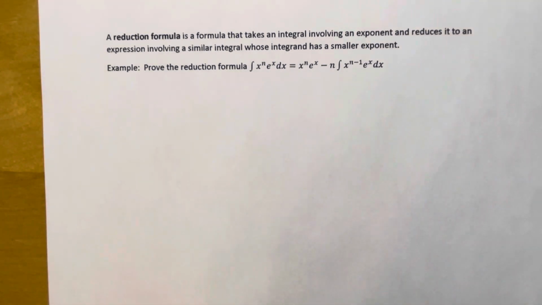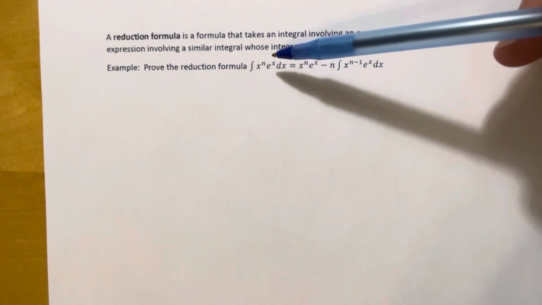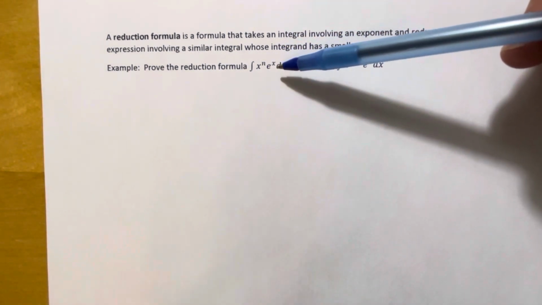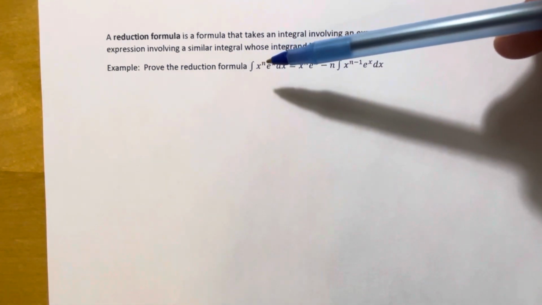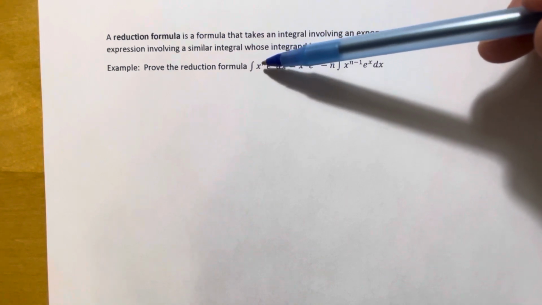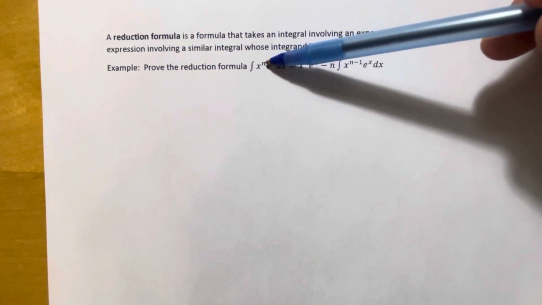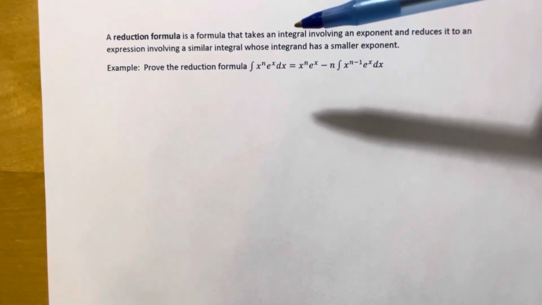Here, what we're trying to do is derive something called a reduction formula. So what is a reduction formula? A reduction formula is where we have an integral, and the integral involves an integrand that might be difficult to evaluate initially, maybe because it is a product of two functions. I have an x with a power of n on there.